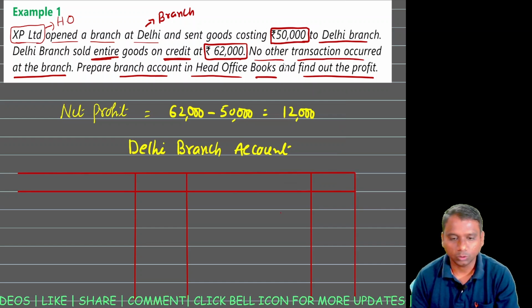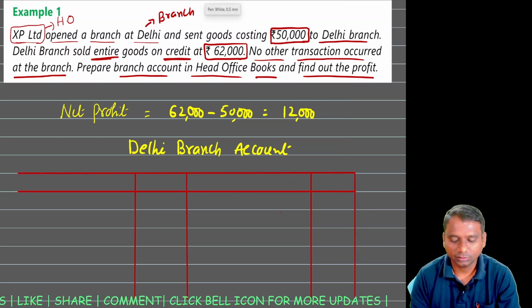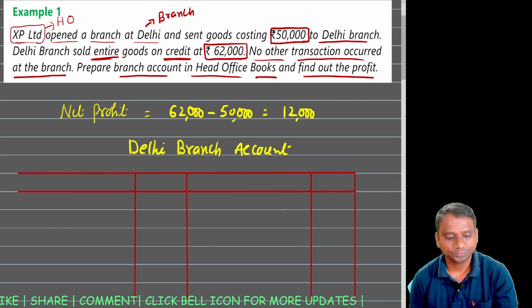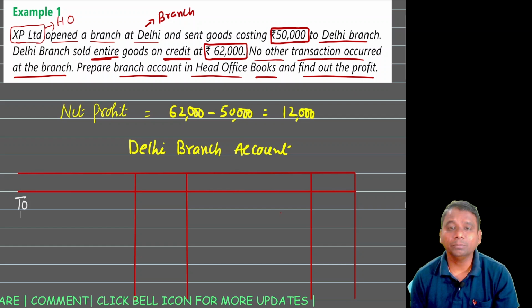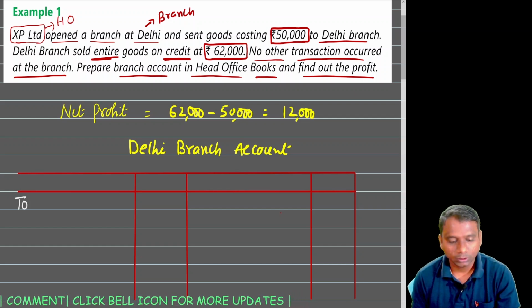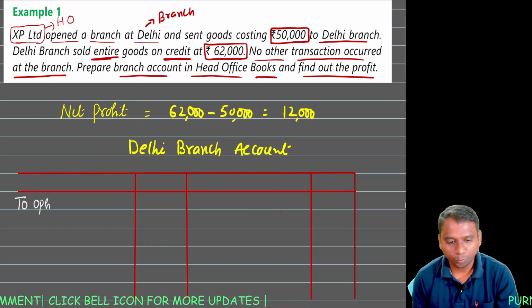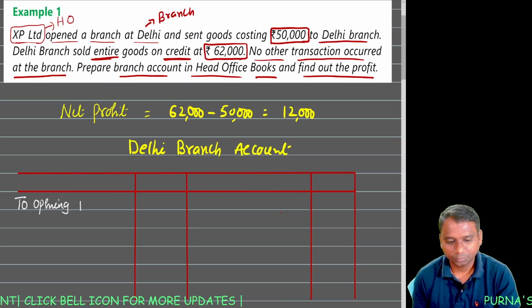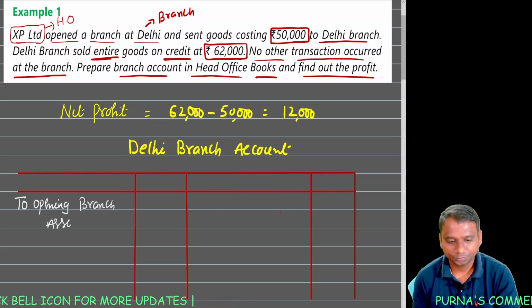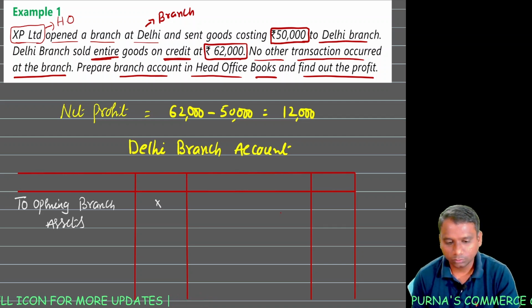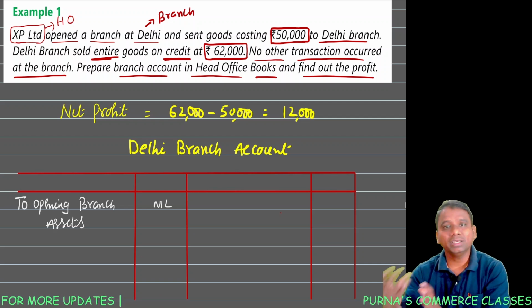So we record them. Look at how we record. First, do you have opening balances of assets? No, nil. We don't have opening branch assets. Next, opening liabilities.